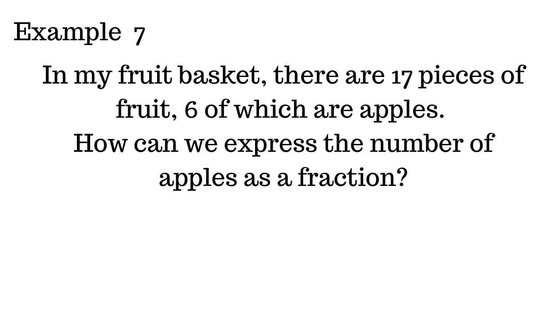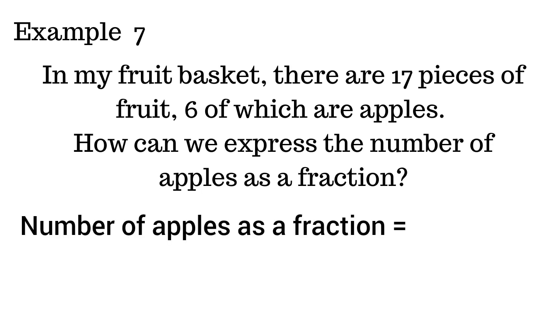So we have 6 apples, while the denominator shows the total number. So expressing the number of apples as a fraction will be 6 over 17. Why? Because we have 6 apples and the total number of fruits in that basket is 17.